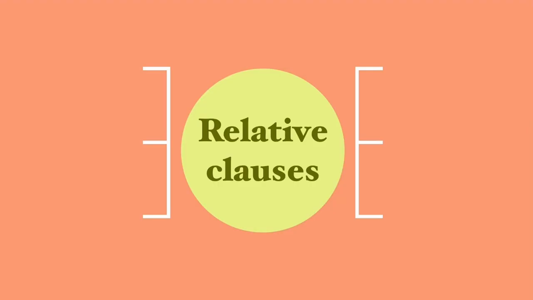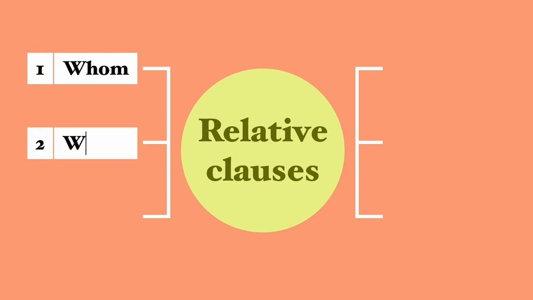So let's move to the relative pronouns. The first one is whom, and we use whom for people, animals, or things. The second one is whose, and we use whose object pronoun for people, especially in non-defining relative clauses.